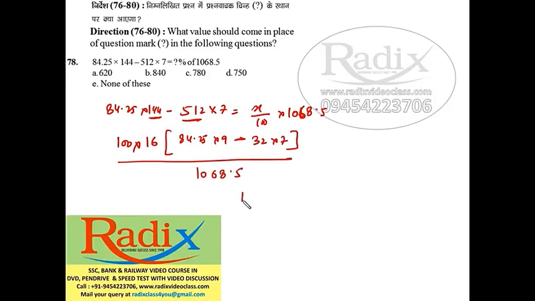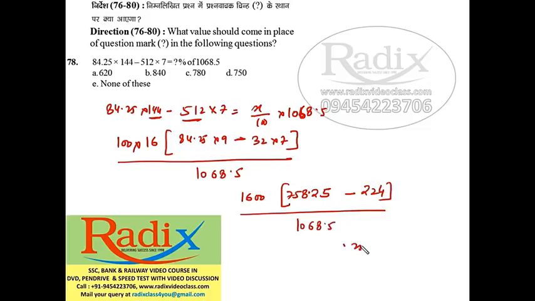Now this is 1600 times this value. 9 5s are 45, 0.25, and 38 3, 758 point, and this is 224 upon 1068.5. Now subtract this 0.25, 4 3 5, 1600 into upon 1068.5.